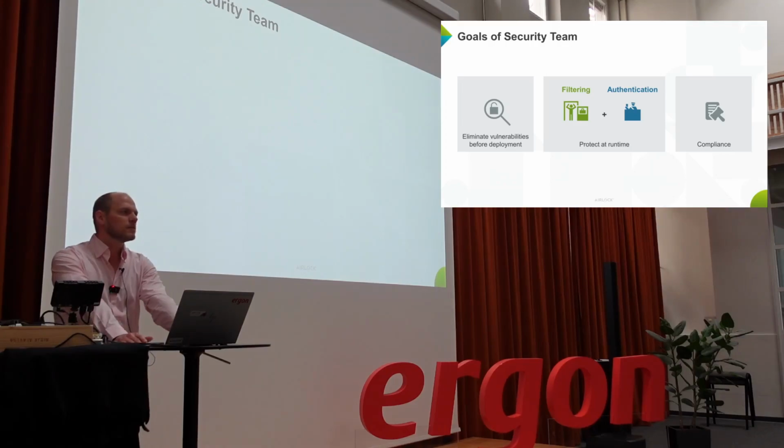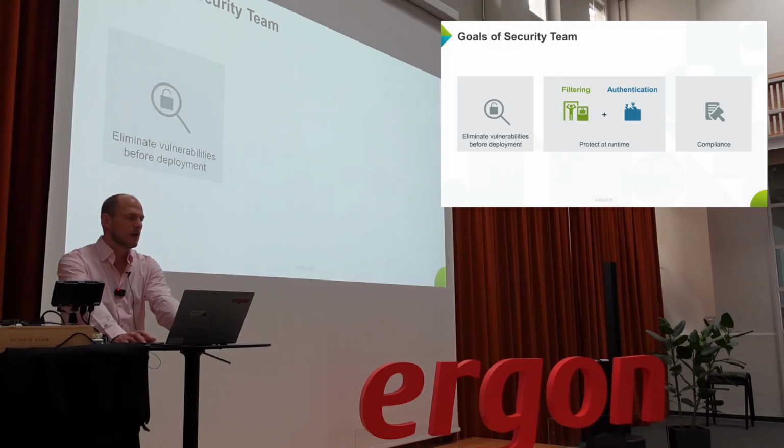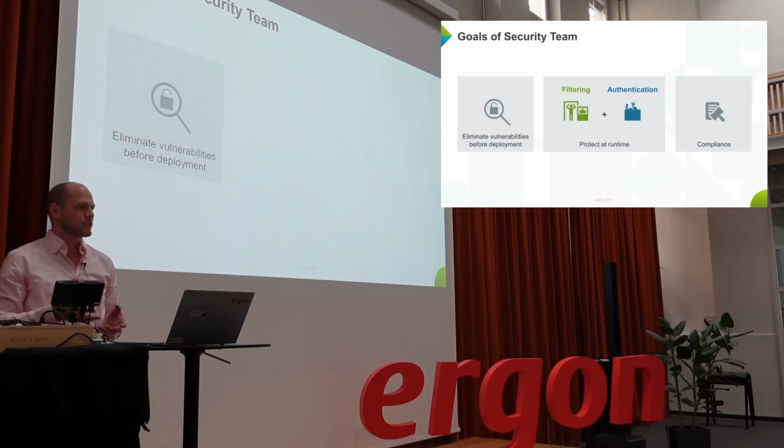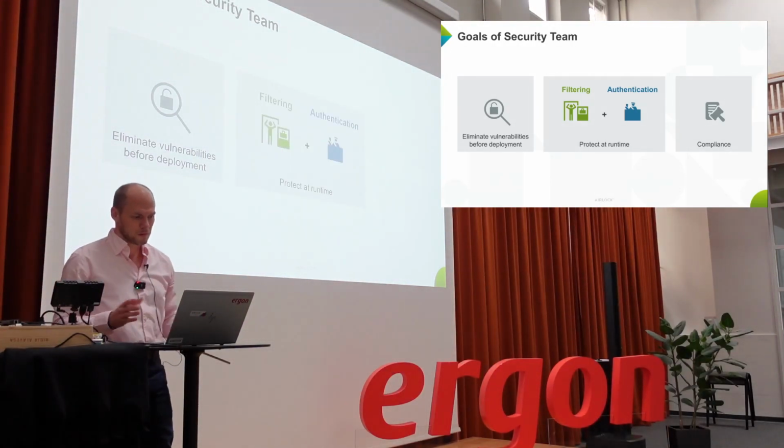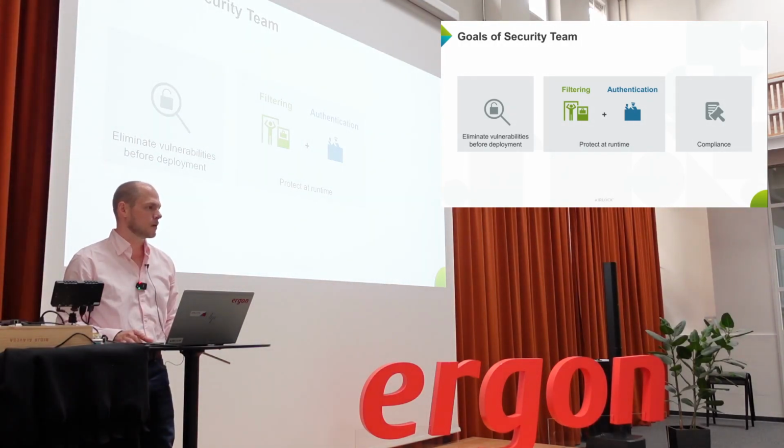If we go one step back, what are the goals mainly for the security team? They want to eliminate, in general, that vulnerabilities are in production. And if there are vulnerabilities in production, you want to filter the traffic.